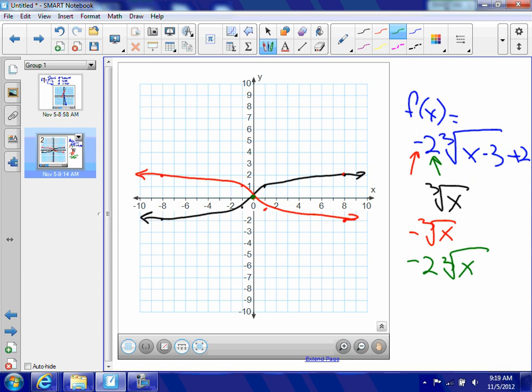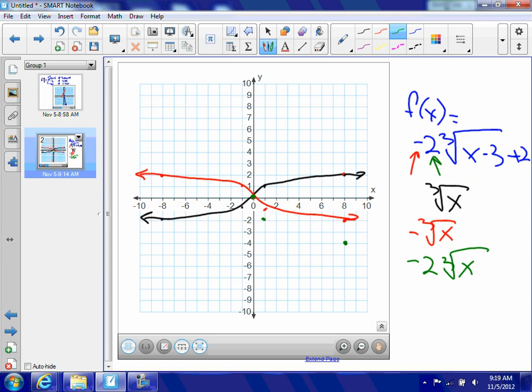At x equals 1, my y equals -1. Well, -1 times 2 is -2, so that means that point's going to go right there. And at x equals 8, I had a point -2, so I'm going to multiply that times 2, which is going to get me to -4. I'm going to do the same thing on the other side.